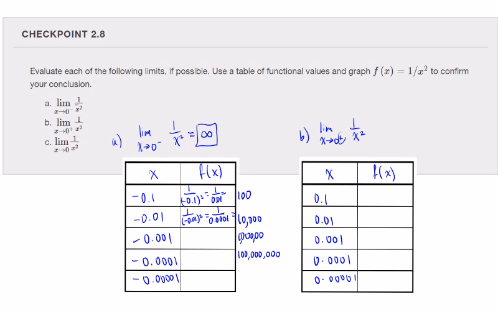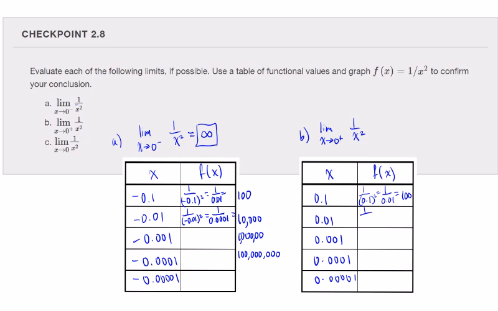Okay, now let's see from the right. We're going to see pretty much the exact same thing, right? If I square 0.1, I get the same thing as if I squared negative 0.1, right? So this and this are the same, because when you square a number, you get a positive, right? And so this is going to be 100 here.